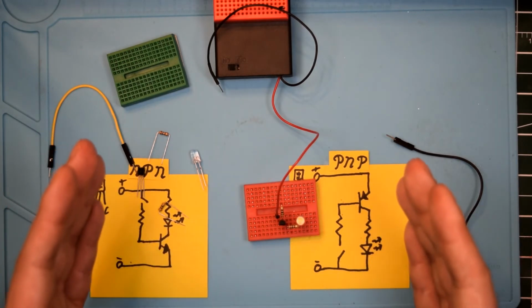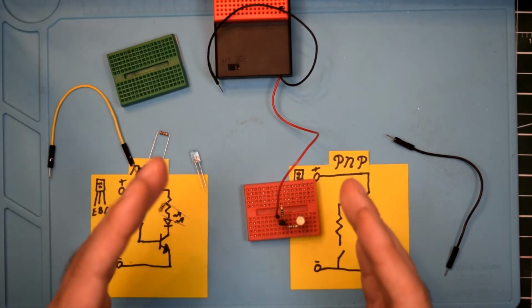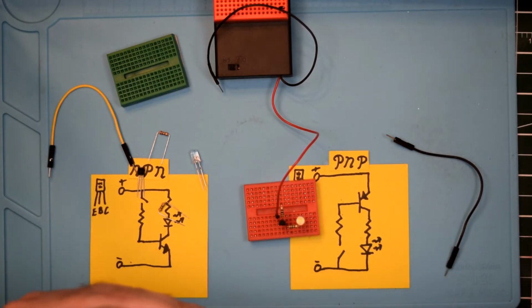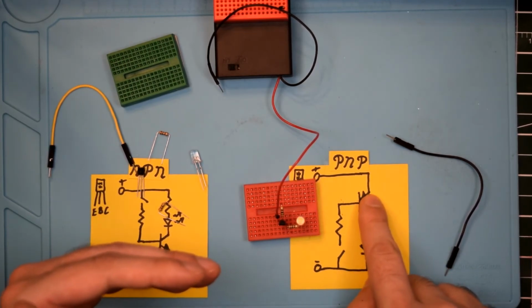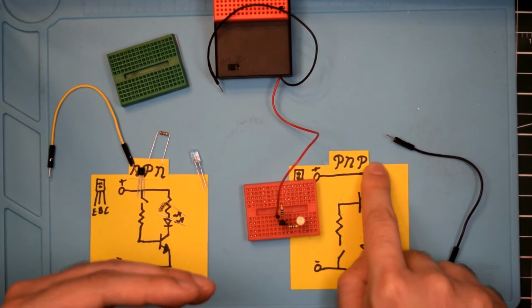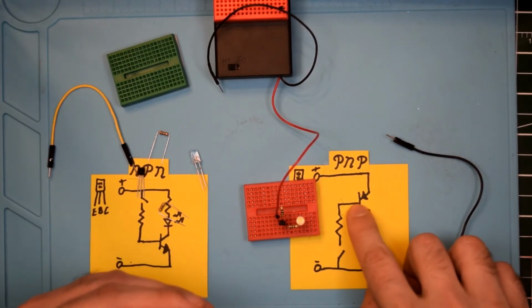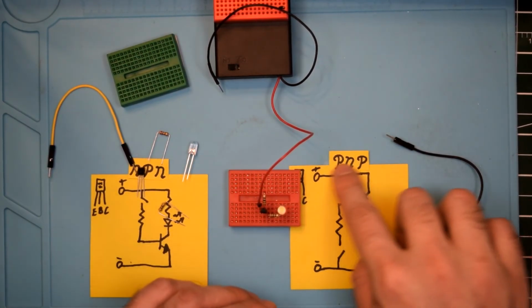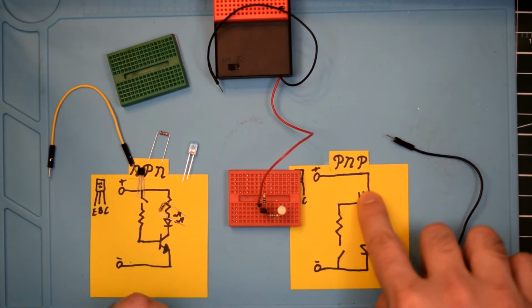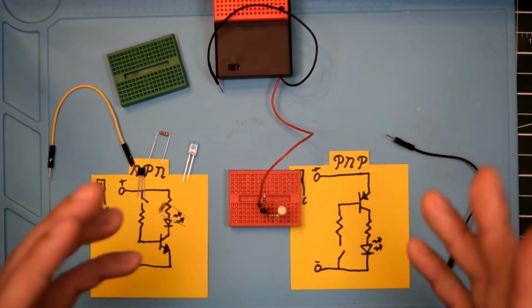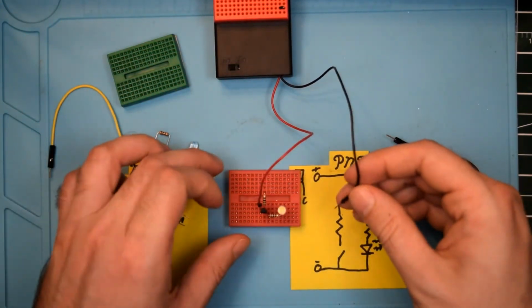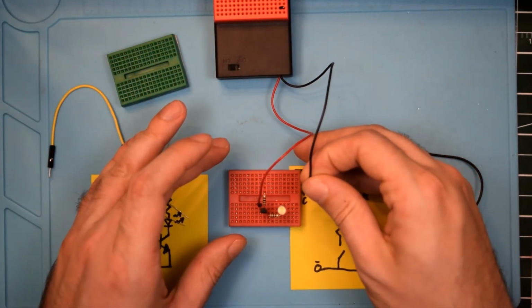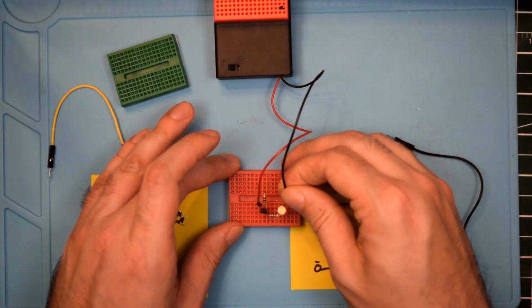And the reason why the emitter is going to the positive rail is because with electron current flow, the electrons are being emitted from the emitter. But for conventional current flow, the positive goes through there. So at some point I will do a more concise explanation of conventional versus electron current flow.